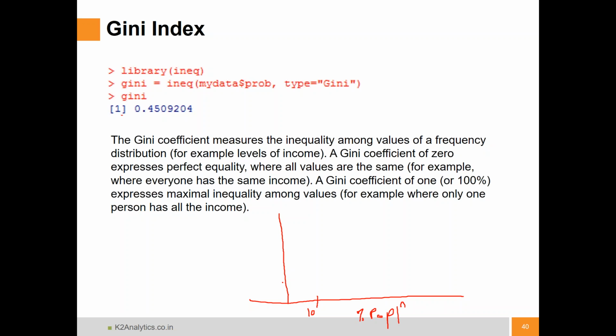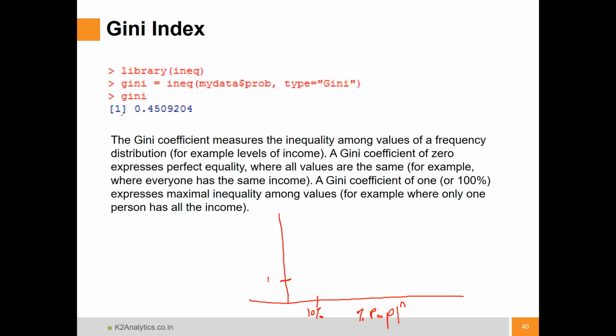Theoretically, if it would have been equal distribution, there would be no bottom and no top. So 10% of population should have what percentage of wealth ownership? In equal distribution, 10% of the world wealth.